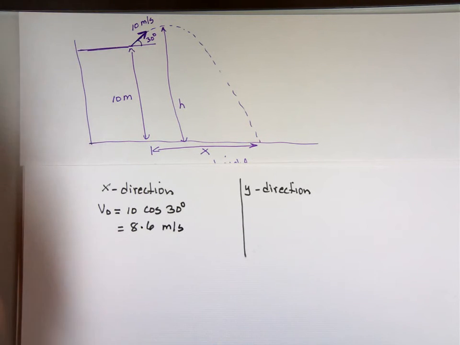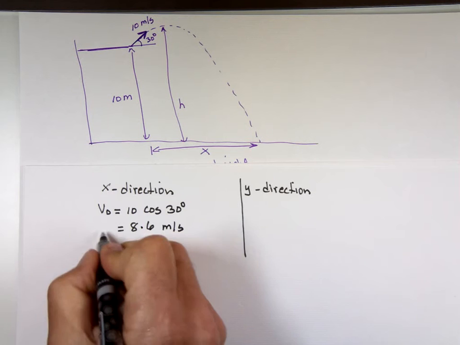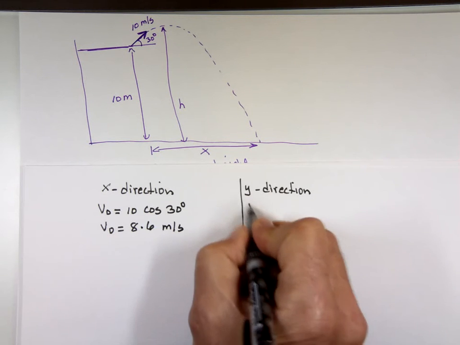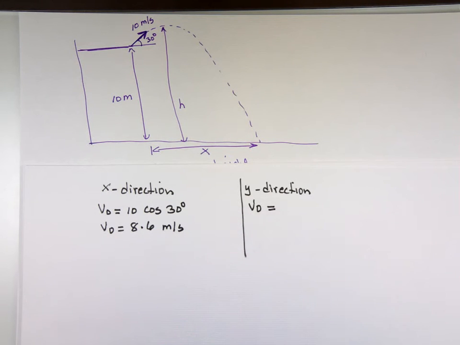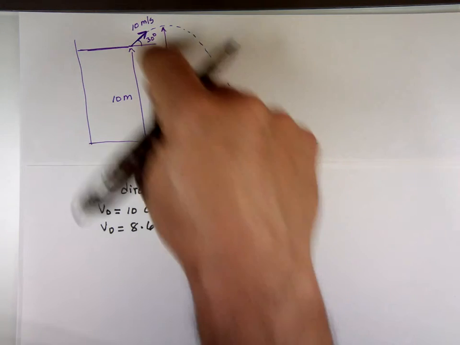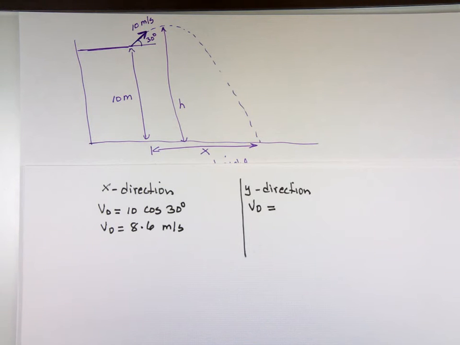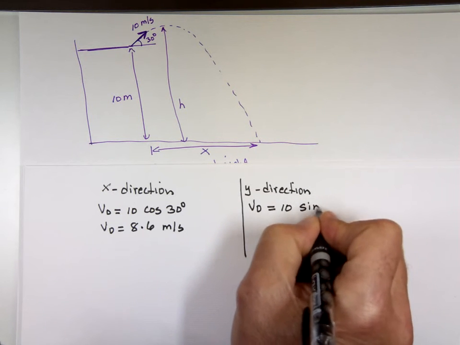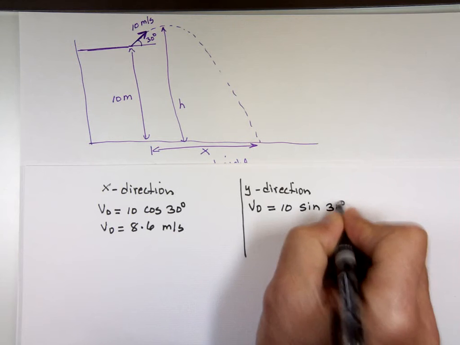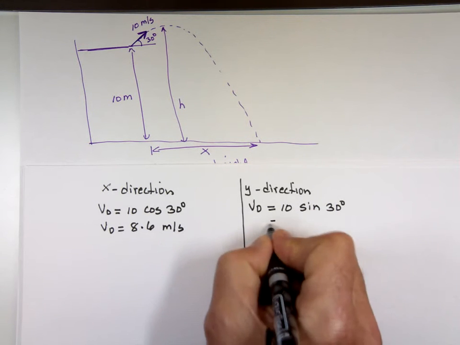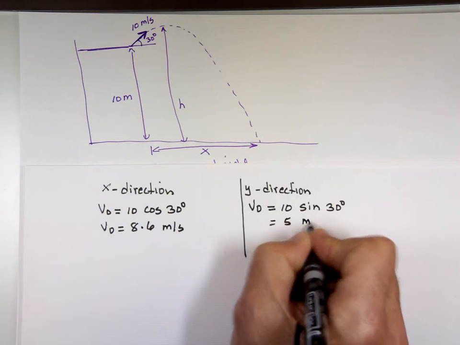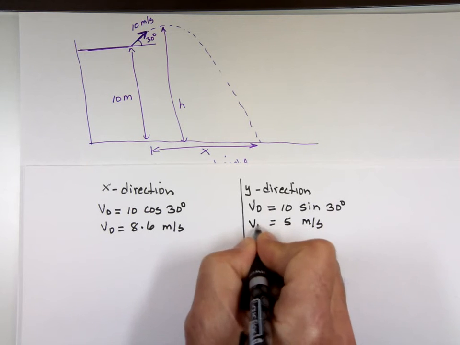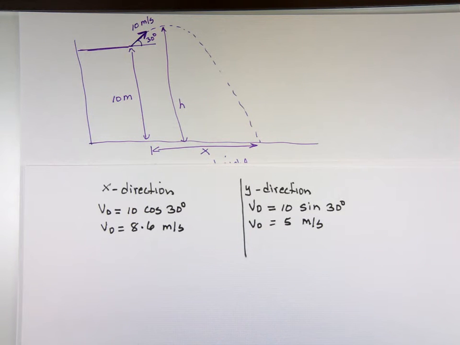What is the initial velocity in the Y direction? It's not 0 either because you went higher than the diving board. Is it sine? Yep. 10 times the sine of 30, and that's a 5. That's the only thing we know in the X direction.